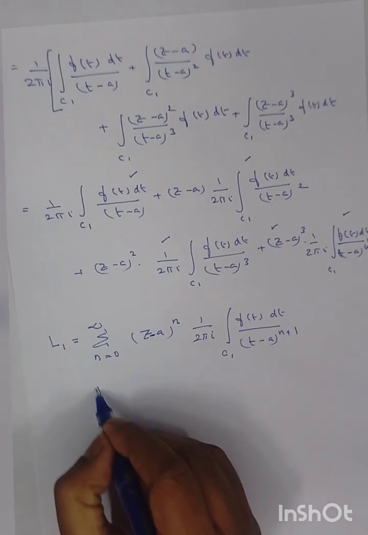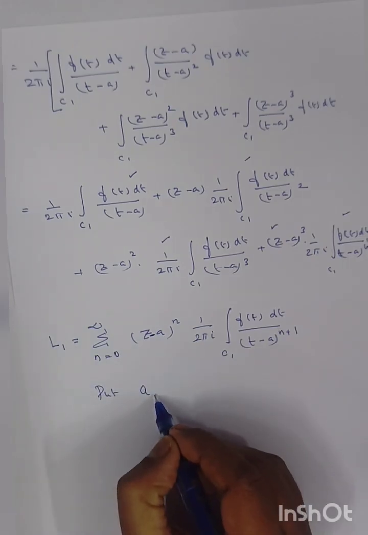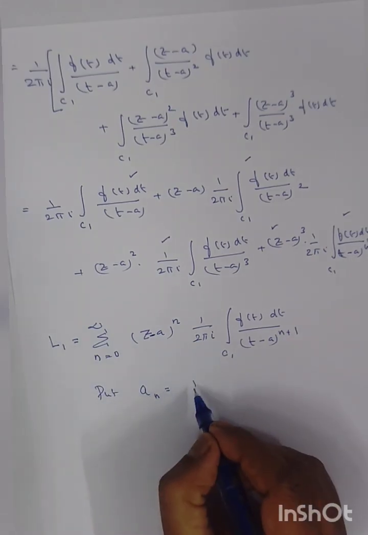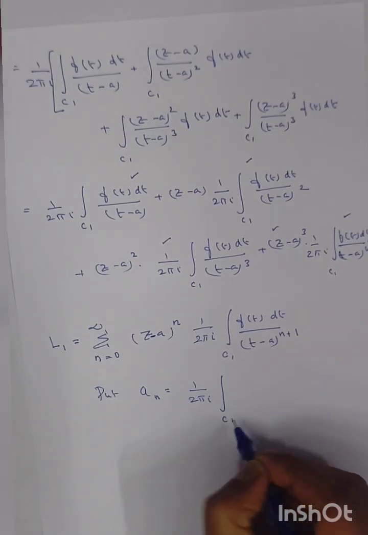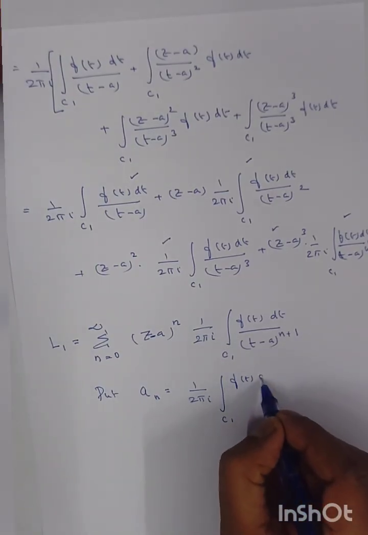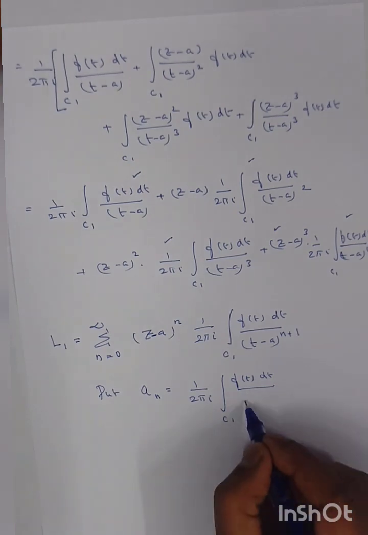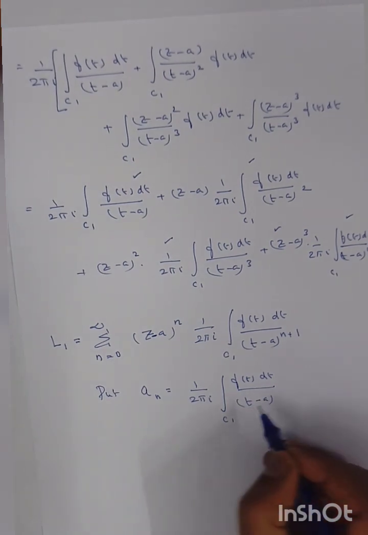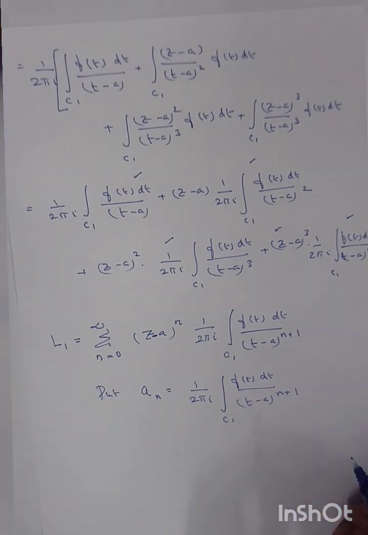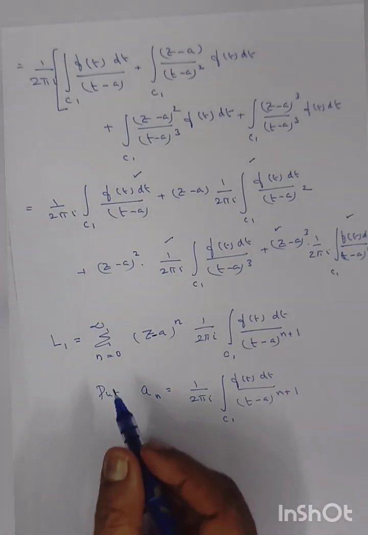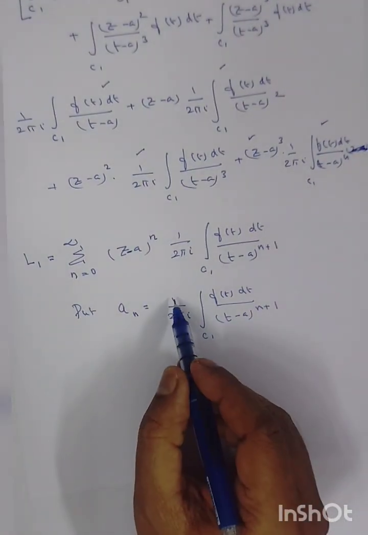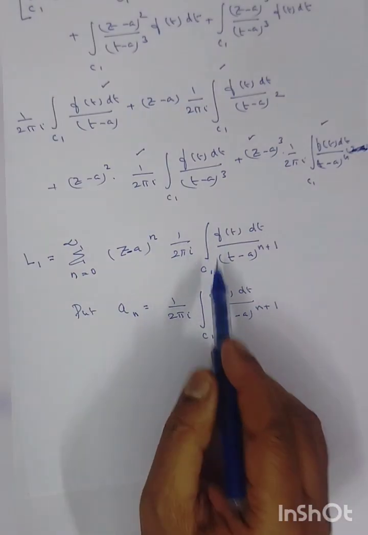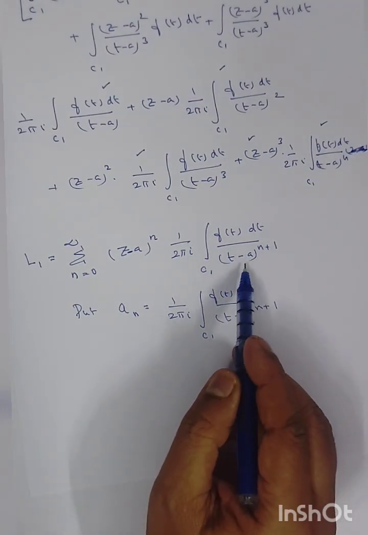Now, put an that is equal to 1 by 2 pi i c1 f of t dt divided by t minus a whole power n plus 1. So, substitute a coefficient value of an, which is equal to 1 by 2 pi i integration of f of t dt divided by t minus a whole power n plus 1.